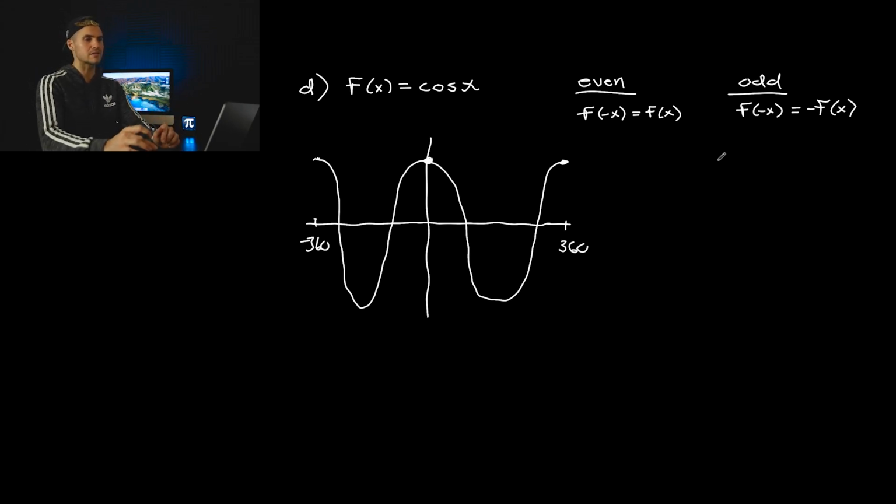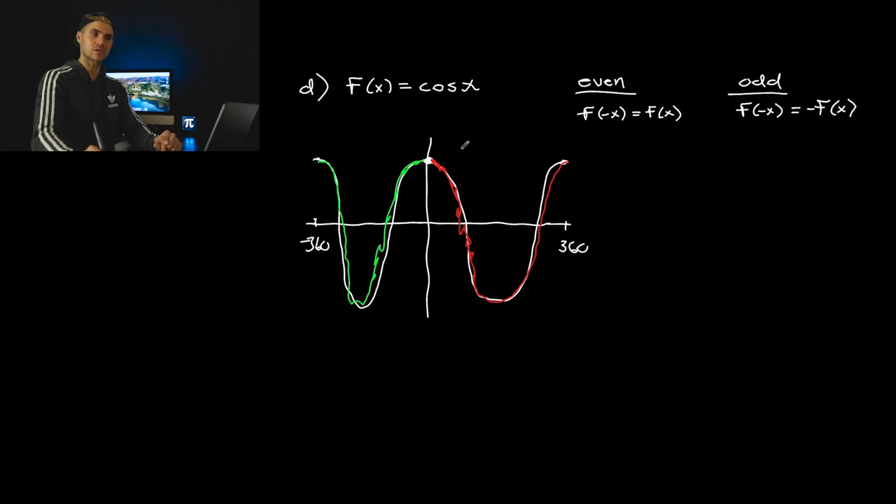But let's just look at this to see the property here. If you notice, this half of the graph, if we reflected just in the y-axis, we would get this other half right here. And so cos x is symmetrical about the y-axis, just about the y-axis.